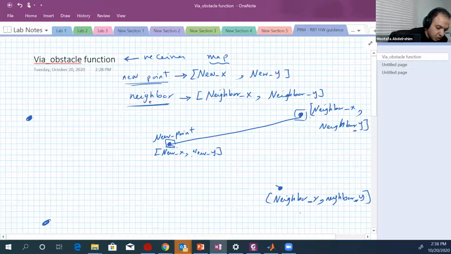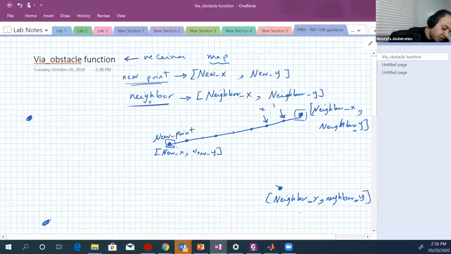Okay, so we divide it into segments. We're gonna imagine just points. For example, let's divide it into 8 sections. So we will check this point if it's an obstacle or not. We will check this point.